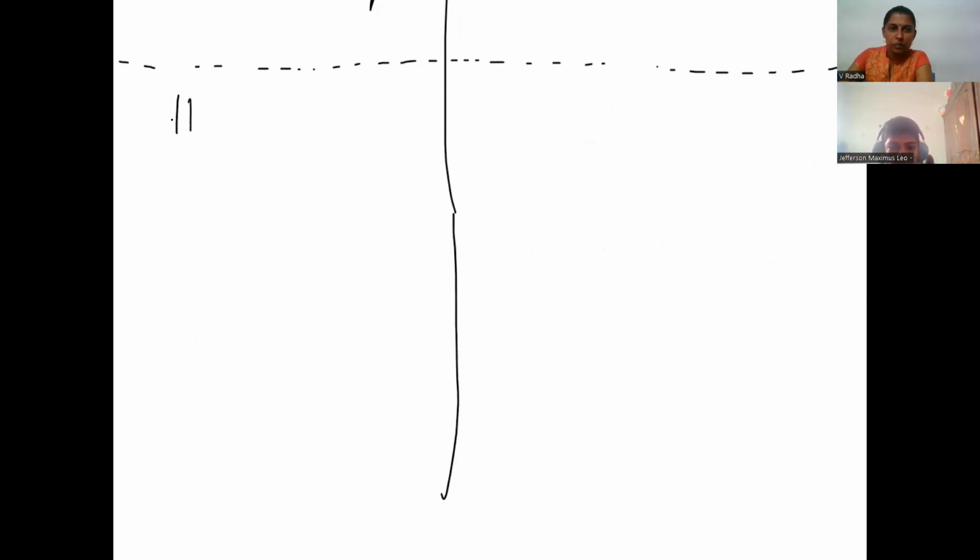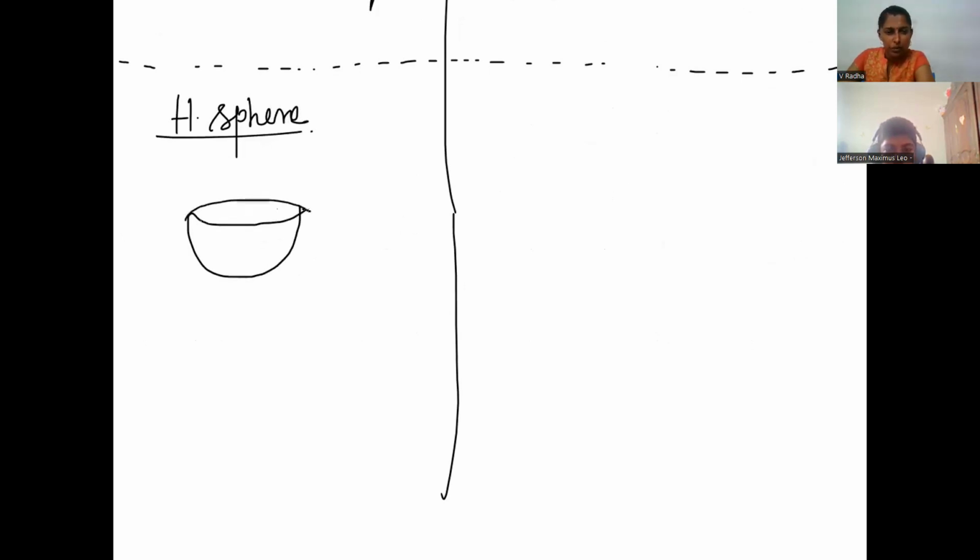Now hemisphere. Please say at least 2 examples for hemisphere. A bowl is a good example.